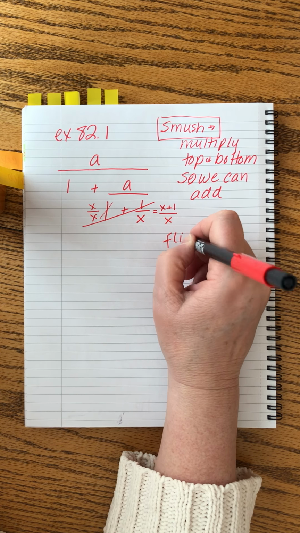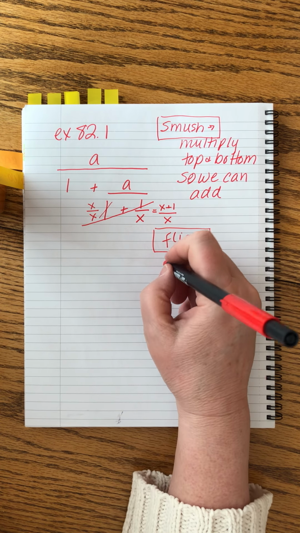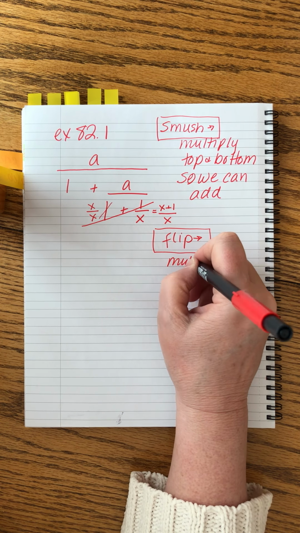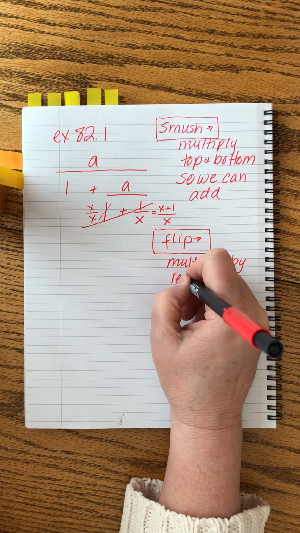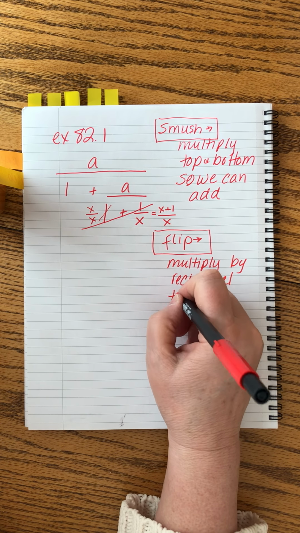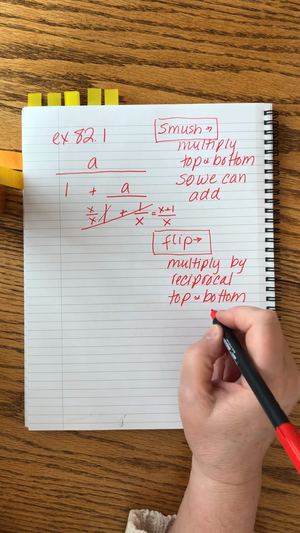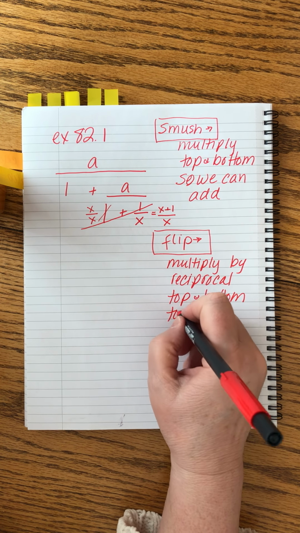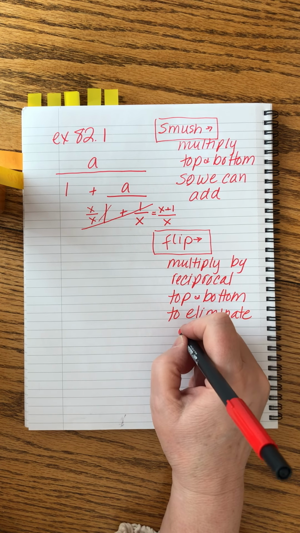Now we want to do the flip. The flip means multiply by the reciprocal, top and bottom, to eliminate the denominator, because it'll turn it into a 1, right?